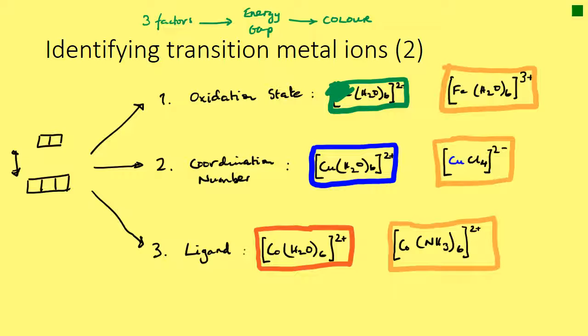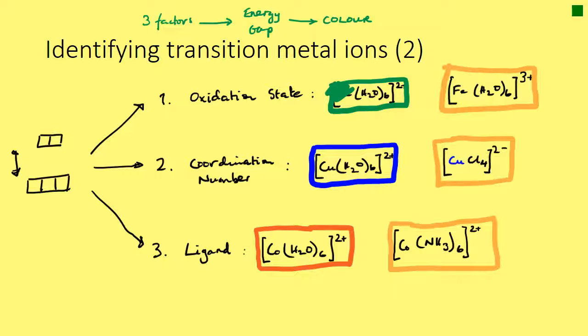The second factor that affects the size of this energy gap, and hence the colour, is the coordination number. The coordination number, you remember, is the number of ligands that are hanging off the metal ion.